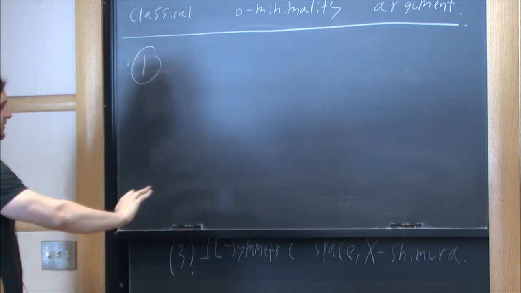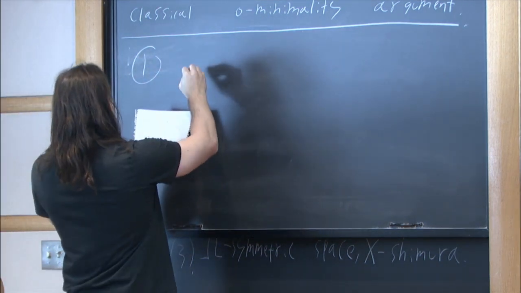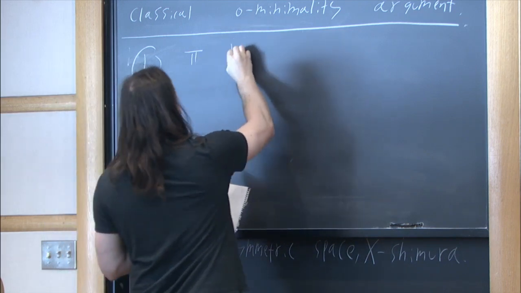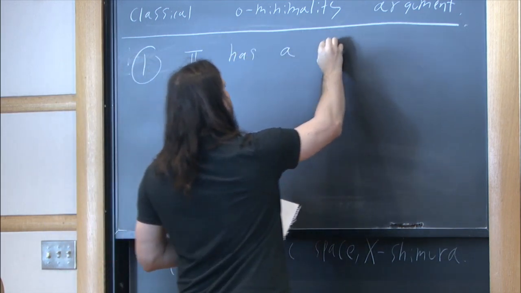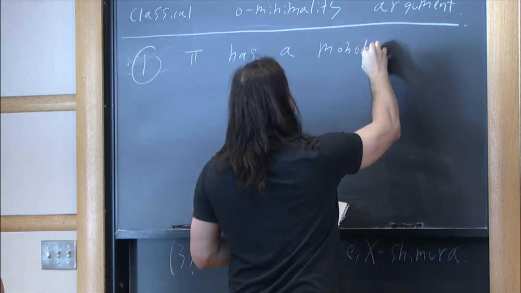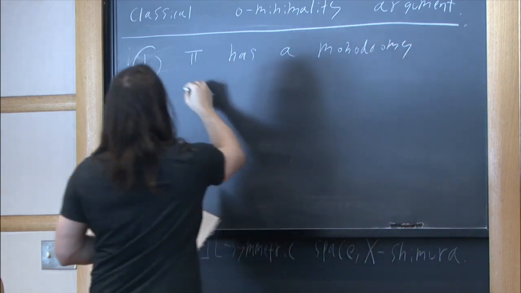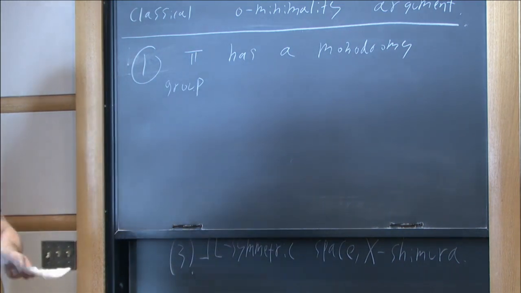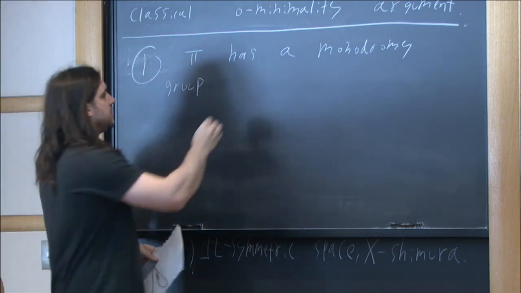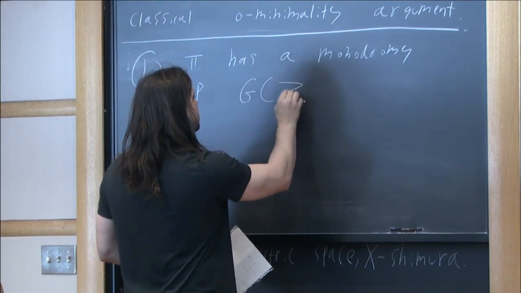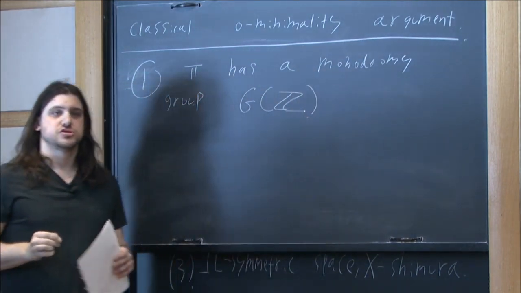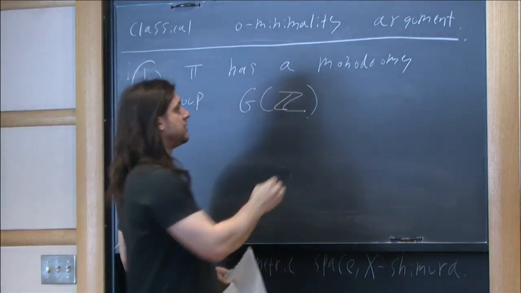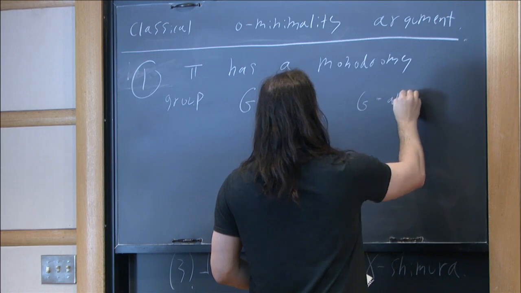So the first idea is, let me first say, number one. In all of these settings that I've described, we have π has a monodromy group. And in fact, the monodromy group is of a very special structure. You can think of it as the integer points of some algebraic group, where G is an algebraic group.